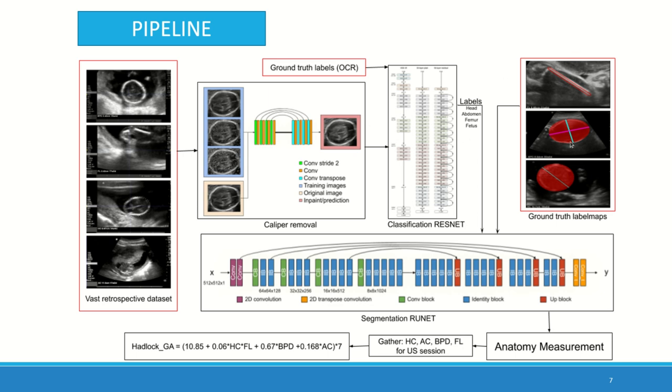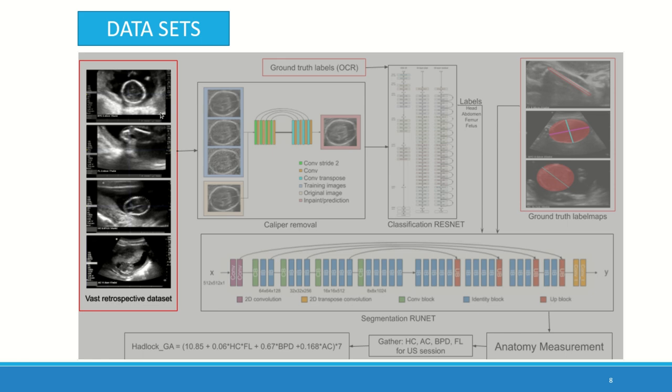Once it's classified, we will segment the image and then fit an element to it. And once we have fitted the element, we will proceed to measure the structure, and then using the Hadlock formula, we can predict the gestational age.